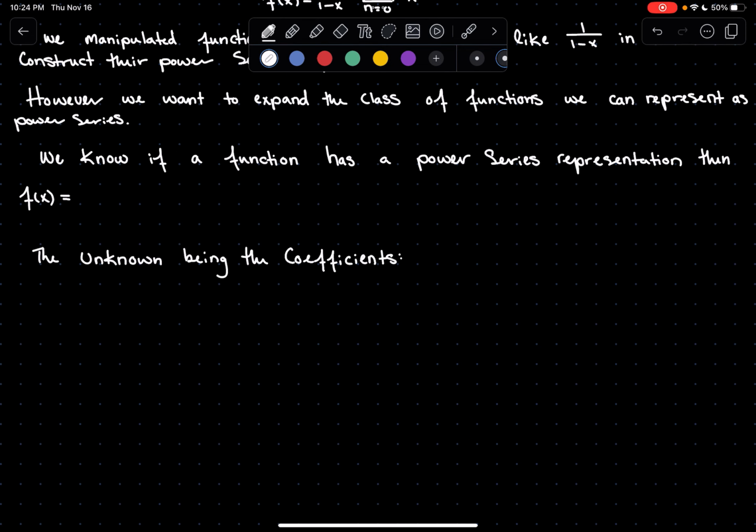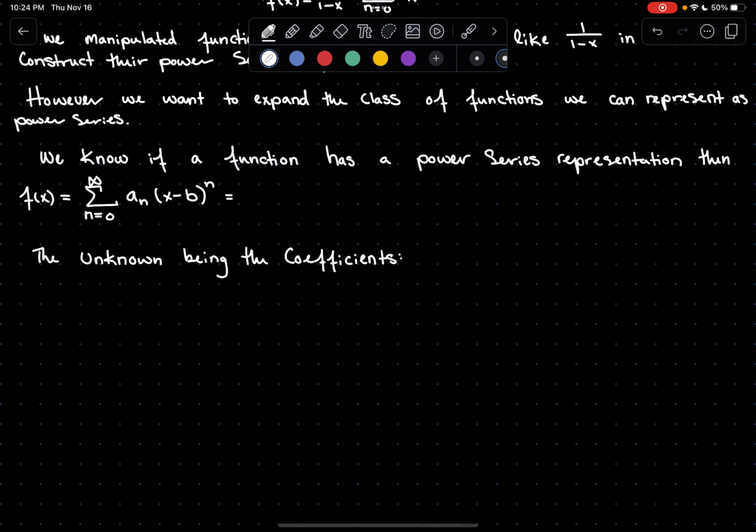So we're going to assume it does, and that means that it can be written as the sum from n equals 0 to infinity of a sub n times (x minus b) to the n, right? This is a general power series. I haven't specified what my a sub n and my b are, but if it can be written as a power series, it can be written like this, right?